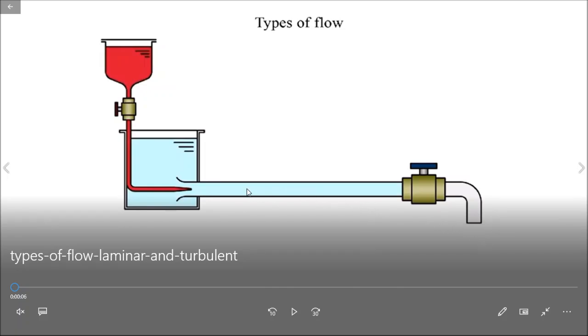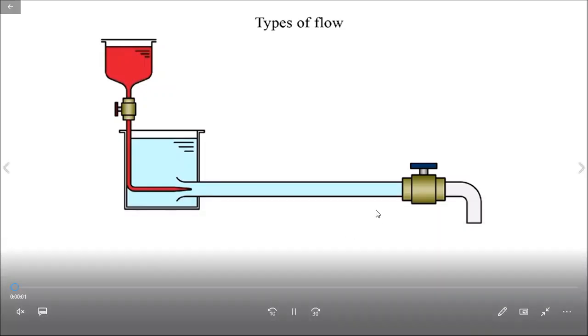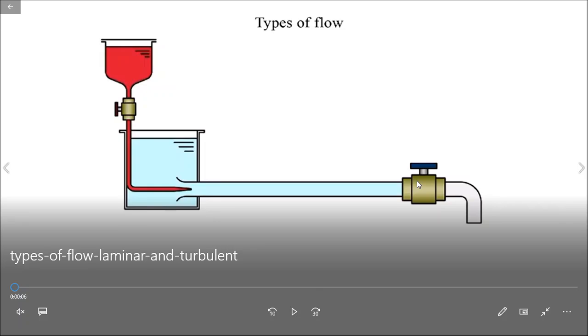So definitely the velocity here is much less. On the other hand, if we increase the valve opening a lot, then what we see here is that the velocity in the pipeline is much higher, and due to this it shows some turbulence in the flow.